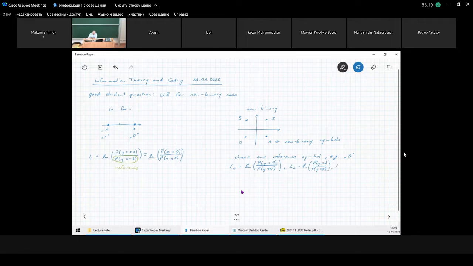And we get L3. Well, it's straightforward. So the last one, p of y being 3 divided by p of y being 0. So this means at the end, we will get a vector of log likelihood ratios.